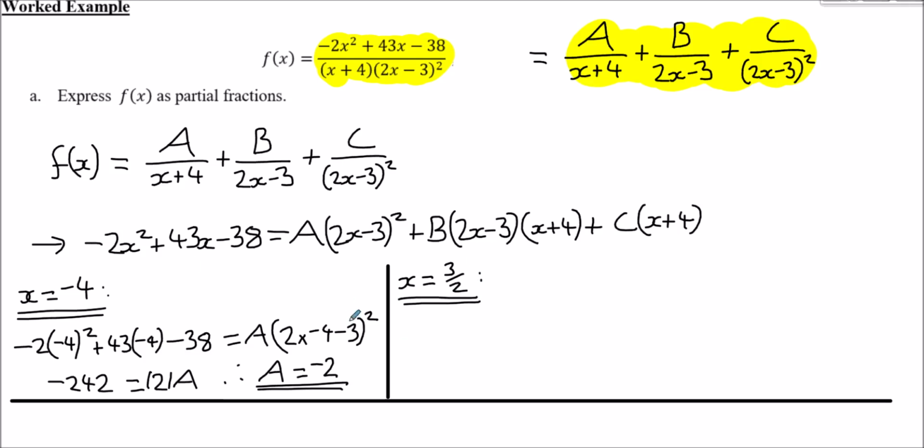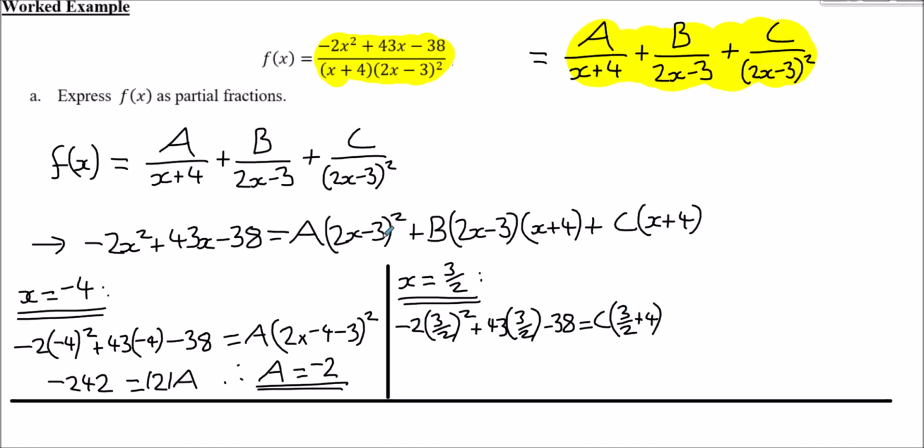So when x is 3/2, this here will become -2 lots of 3/2 squared plus 43 lots of 3/2 minus 38. That will equal just c times 3/2 plus 4.